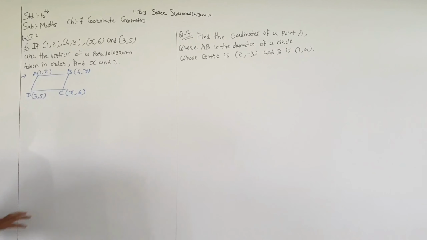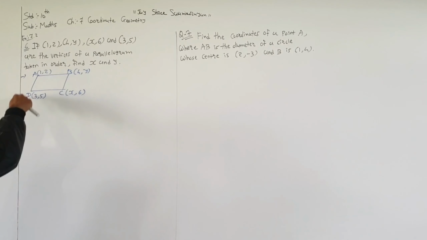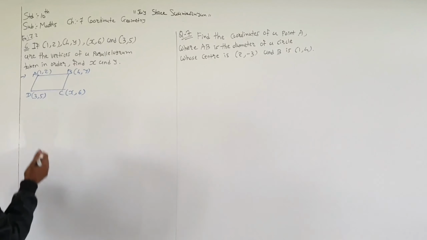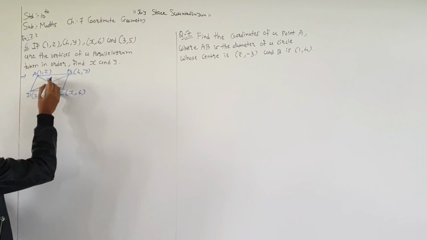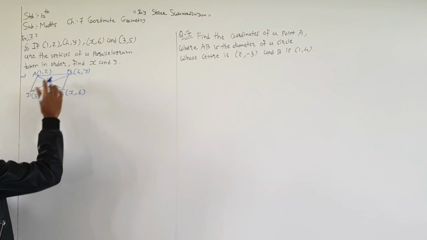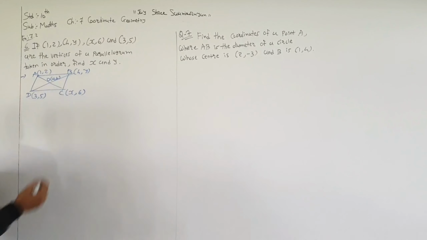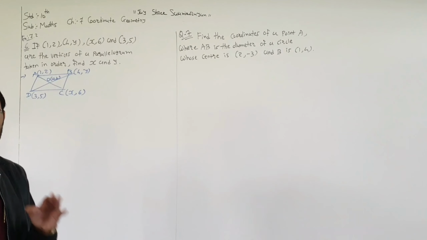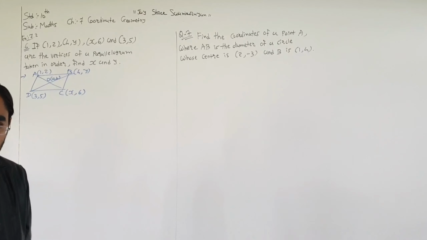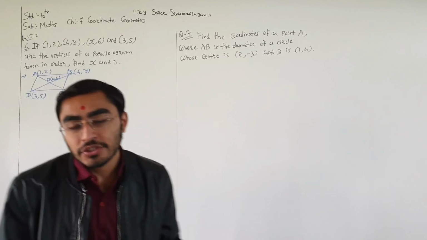Now in place of that, here it is given that these are the vertices of a parallelogram. Now join the diagonals. The diagonals AC and BD intersect at O. Now use the property of parallelogram: in a parallelogram, diagonals bisect each other.